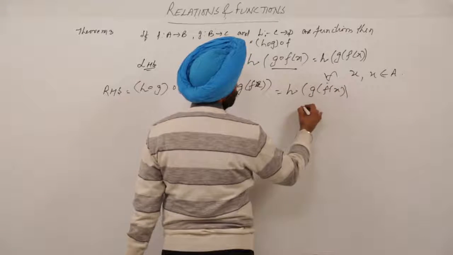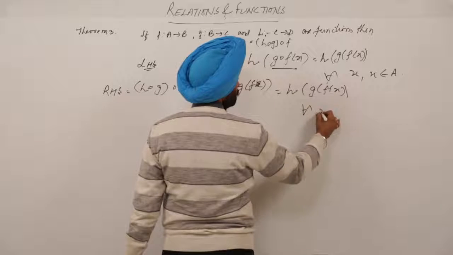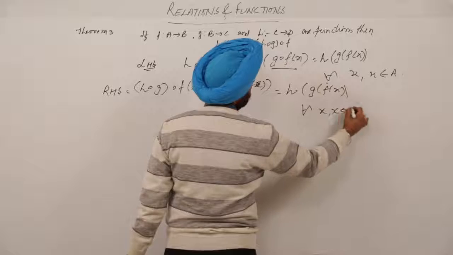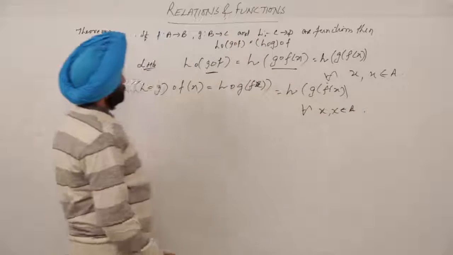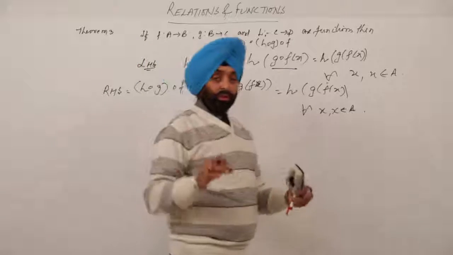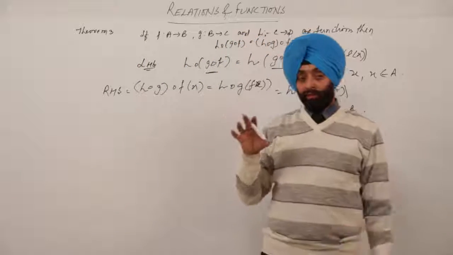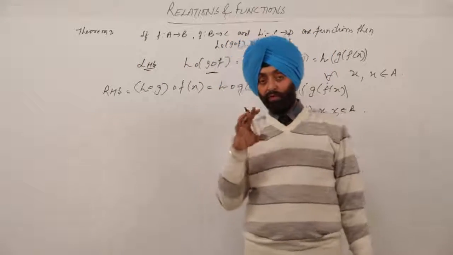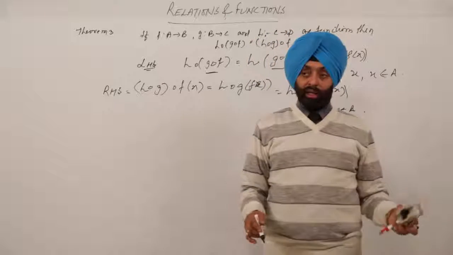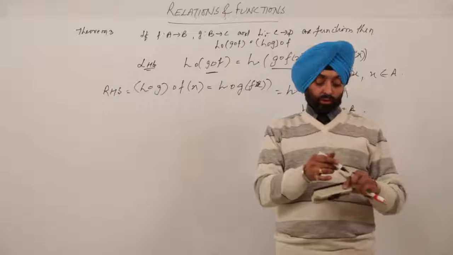So you can see that both the right hand side and left hand side are equal, where x belongs to A. So easily, if we are combining three functions, suppose the first function is 1-1, meaning A to B is 1-1, B to C is 1-1, and C to D is also 1-1, then it means A to D is also 1-1.